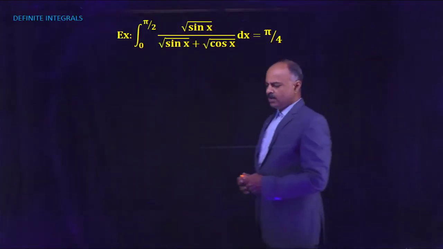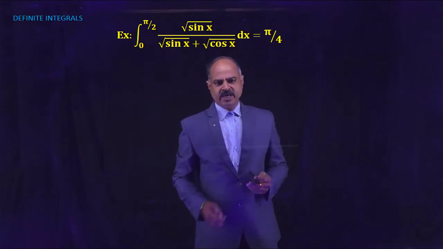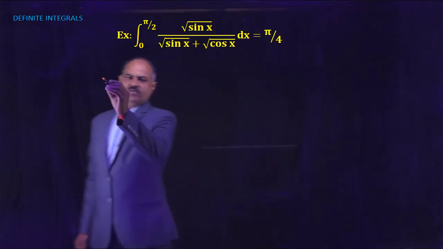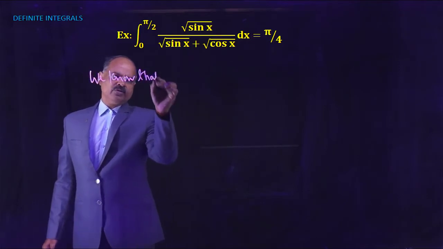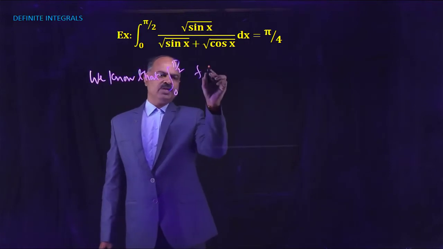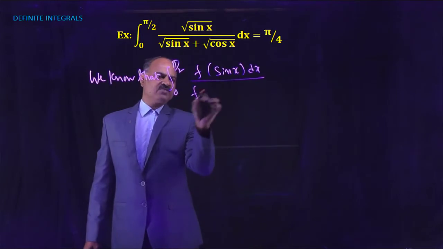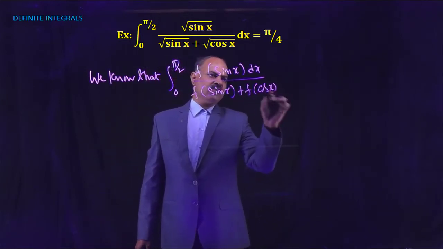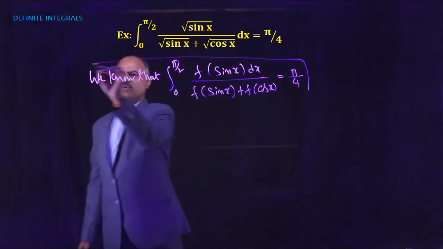Suppose for example integral 0 to pi by 2 square root of sin x by root sin x plus root cos x dx. We know that integral 0 to pi by 2 f of sin x dx by f of sin x plus f of cos x equal to pi by 4.